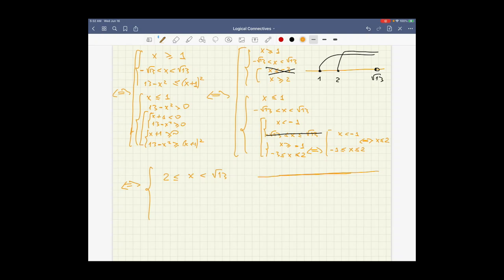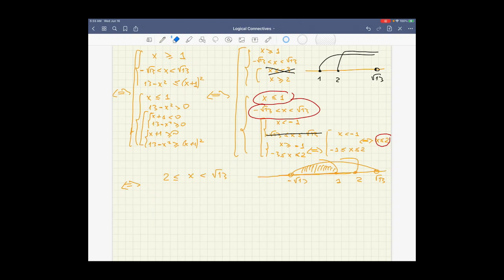And when you consider x is less or equal than 1, x is between negative root 13 and root 13, and x is less or equal than 2, we see that when we draw these points on the real line, 2, 1, and root 13, which is greater than 3, so it's greater than 2, and negative root 13, we see that the solution is between negative root 13 and 1.